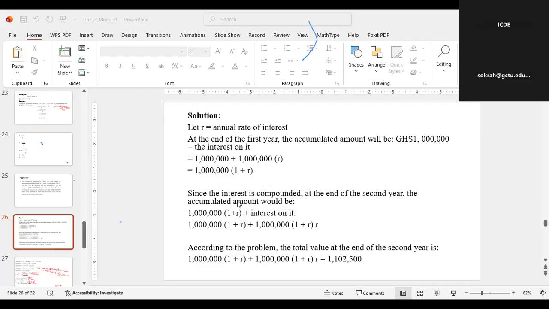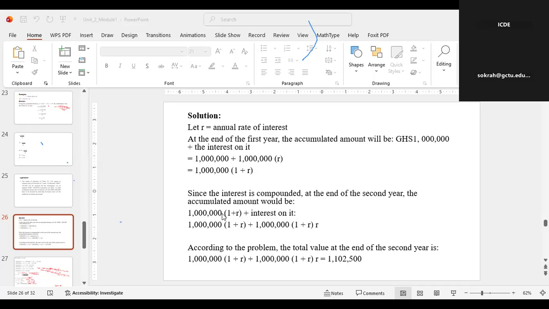So we will now calculate the interest on this new principal for the second year and add it to it. Then we get the final figure. So we now come to the second year, and the principal plus interest for the first year now becomes the new principal for the second year.